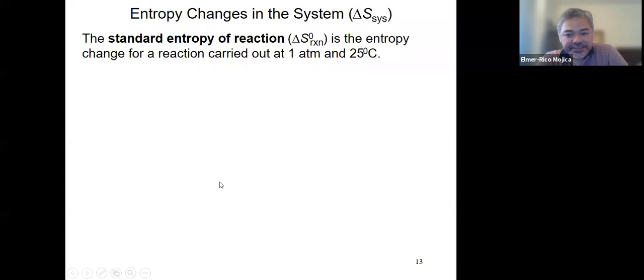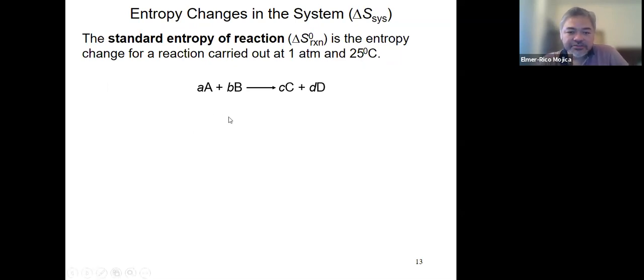Since this is similar to your enthalpy, you can replace the enthalpy here with entropy. The standard entropy of a reaction is the entropy change for a reaction carried out at 1 atmosphere and 25 degrees Celsius, the one with a degree sign.